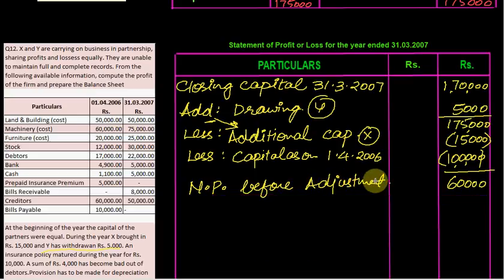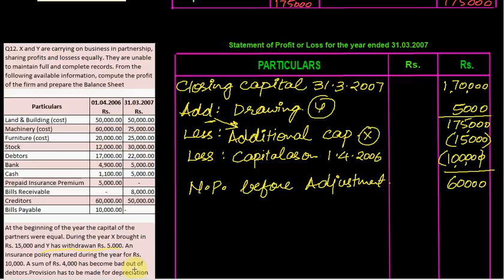Now start with the adjustment. See what is given. An insurance policy matured during the year, rupees 10,000. A sum of rupees 4,000 has become bad.